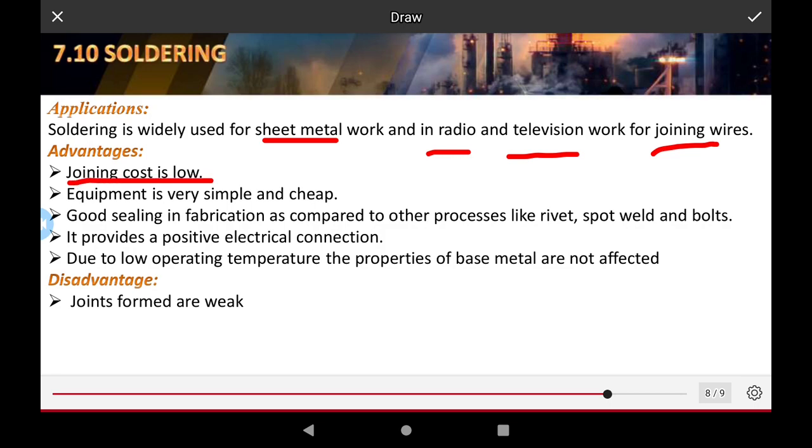The soldering operation has a very low cost of joining the pieces. The equipment is very simple and cheap.